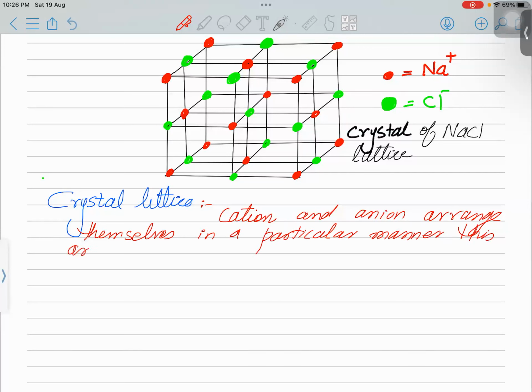This arrangement is called crystal lattice.